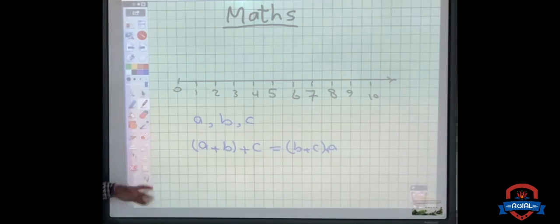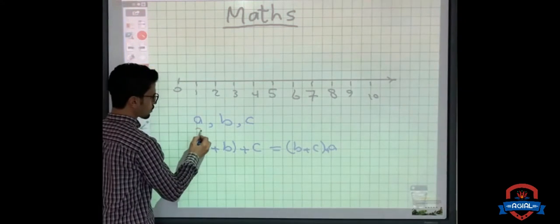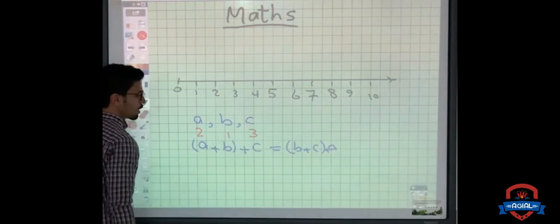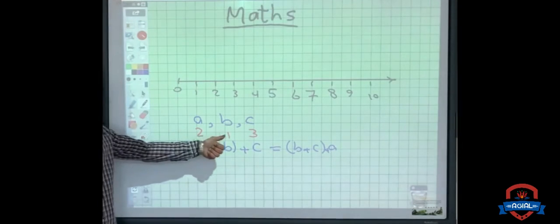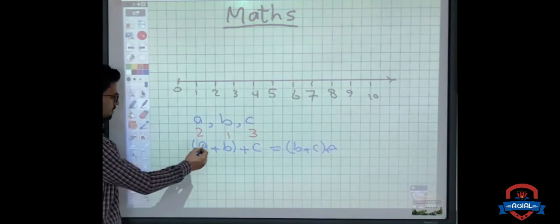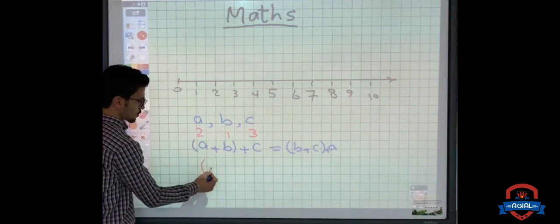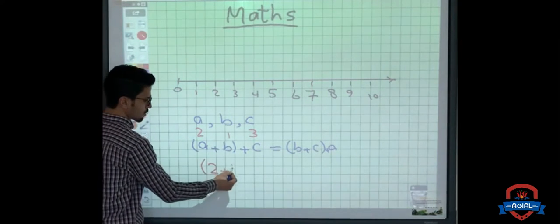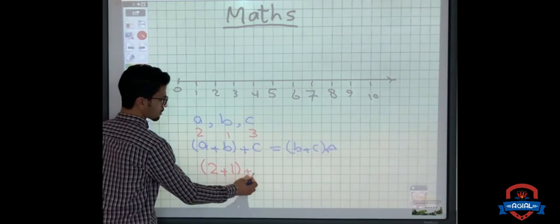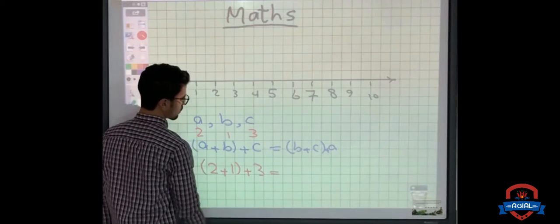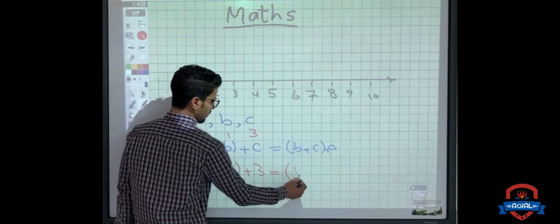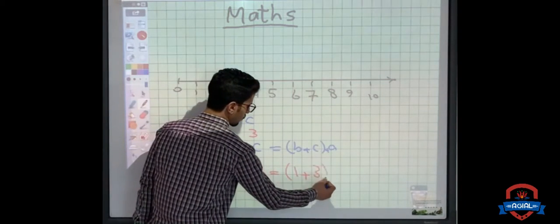This means if we have A equals 2 and B equals 1 and C equals 3, and we need to add these three numbers, then 2 plus 1 all plus 3 is equal to 1 plus 3 all plus 2.